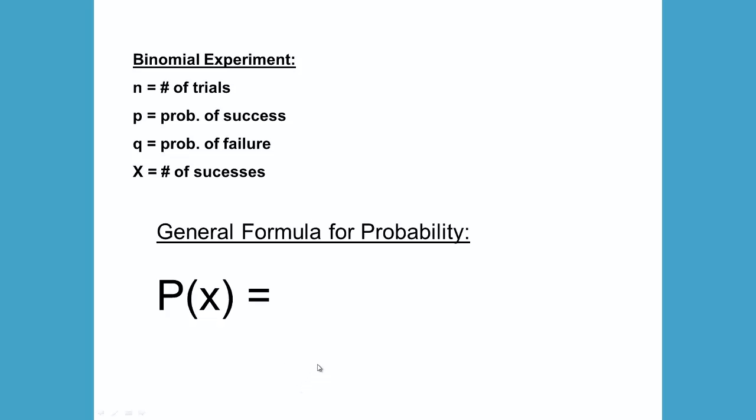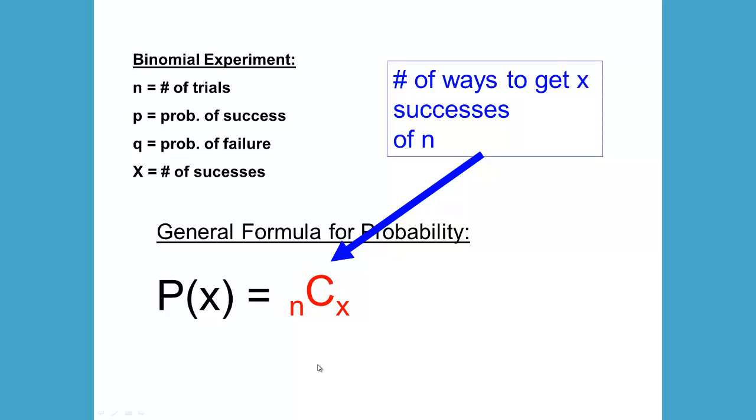And this comes from where we developed it in the first 2 videos. The number of ways to get X successes out of N trials. So we have N C X, where C is the combinations.